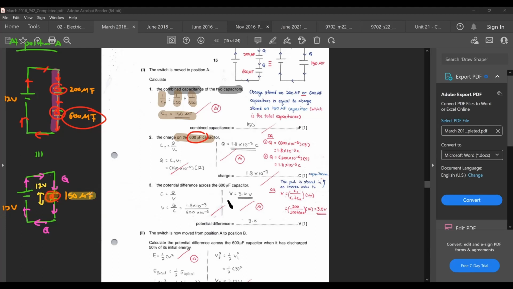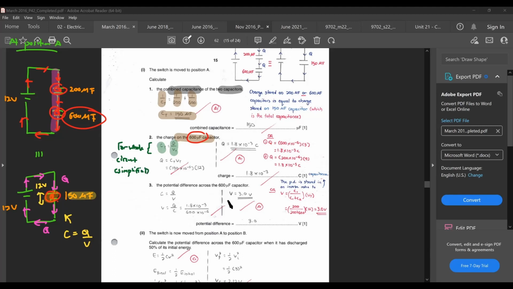Okay. So you apply the equation C equals Q over V. For this capacitor, you will be able to find out your charge. So in this case, C is equal to Q over V. This is actually for the whole circuit simplified. Okay.